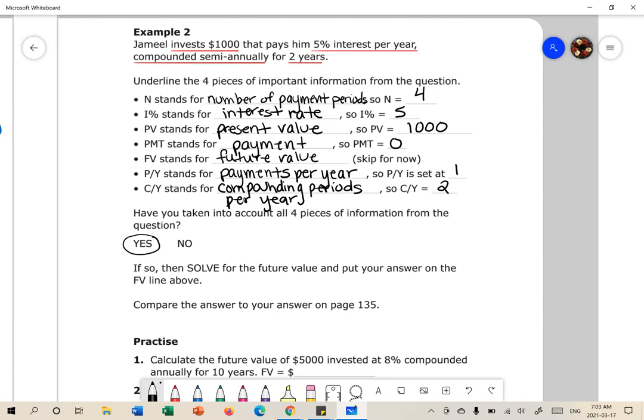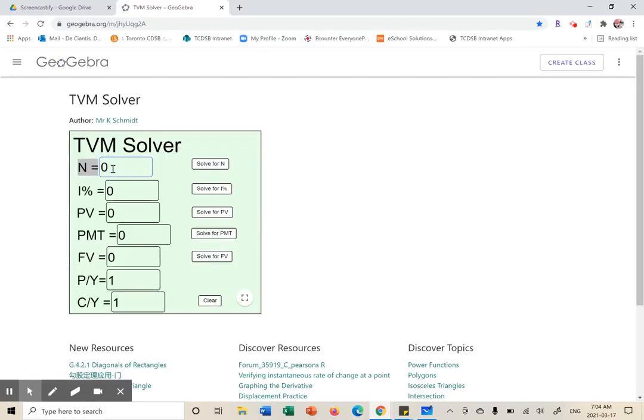So now we're going to input all these values into our TVM solver. So N is 4, I is 5, PV is negative 1,000. PMT we'll leave at 0.